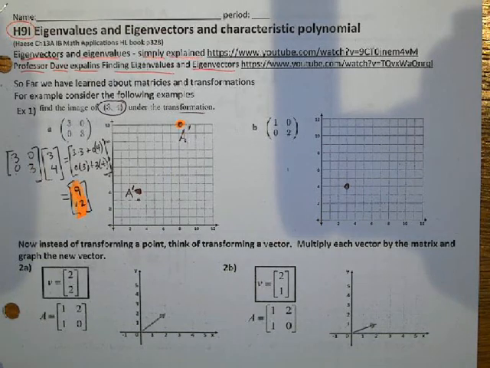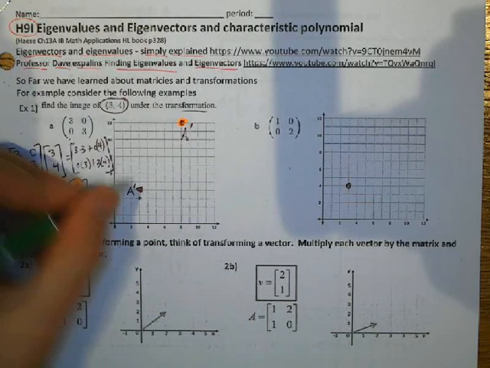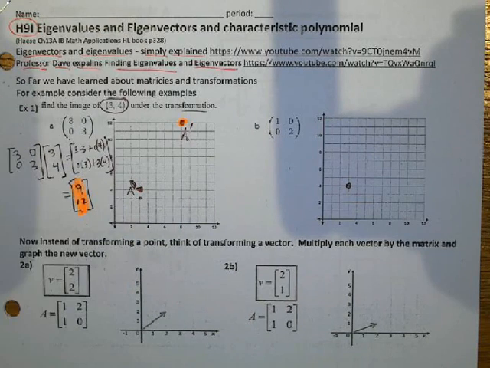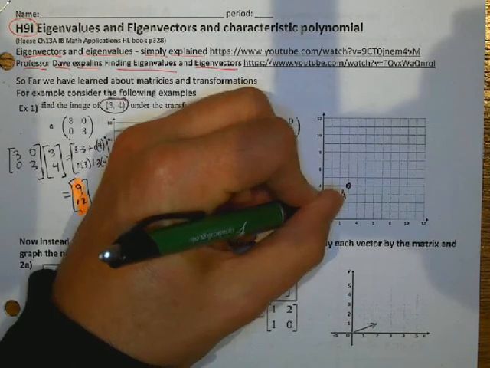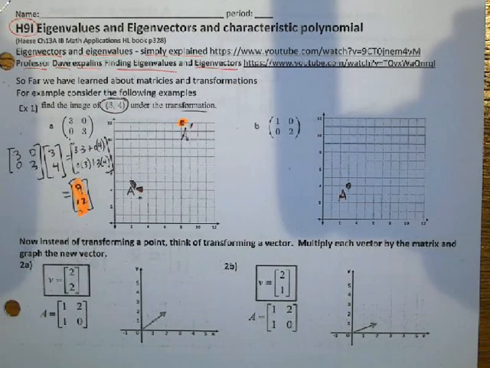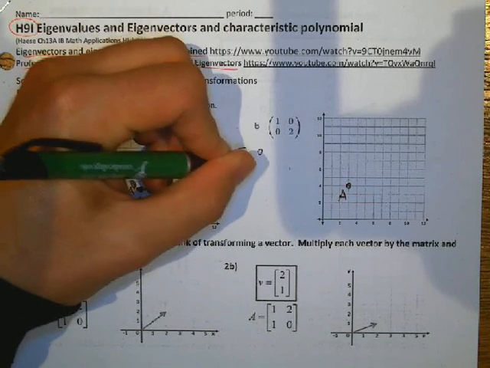Okay. And then same thing here. Once again, this is A. So we're going to do the transformation.